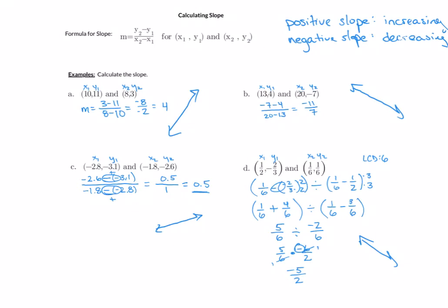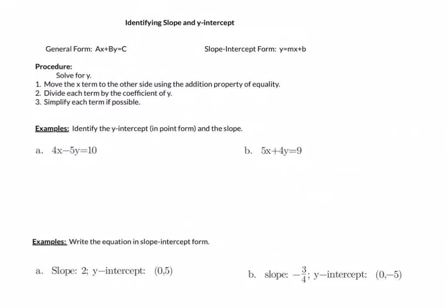All right, let's go ahead and we got one more slide for this presentation. The last thing we want to do is play around with the equation a little bit. We're going to talk about identifying slope and y-intercept. If it is in slope-intercept form, it is very easy to identify the slope and the y-intercept. Remember, slope-intercept form is y equals mx plus b.